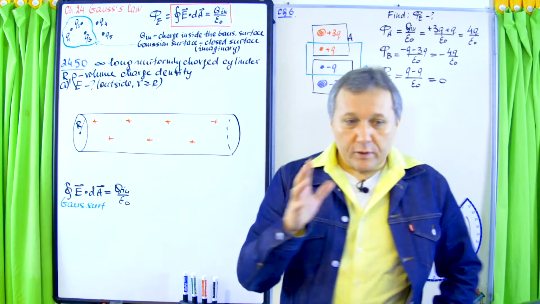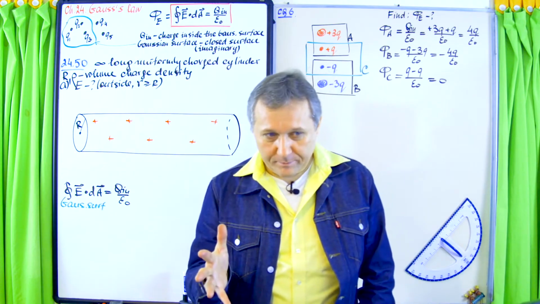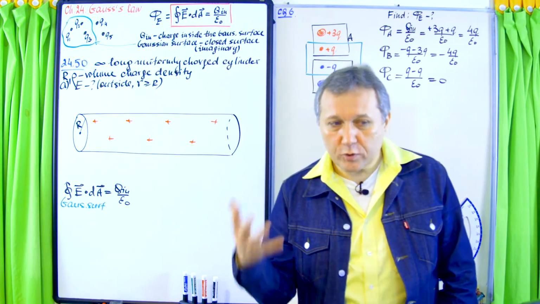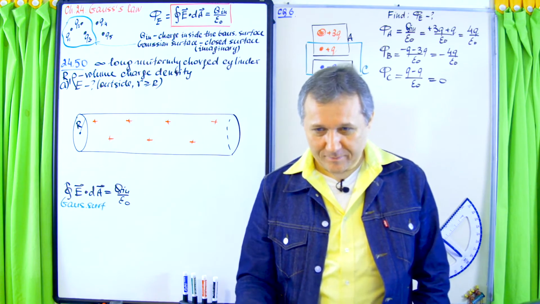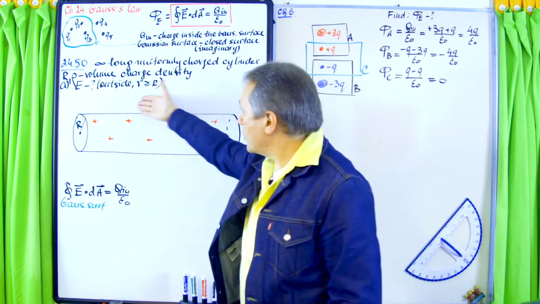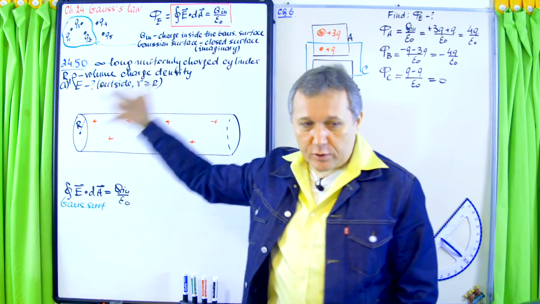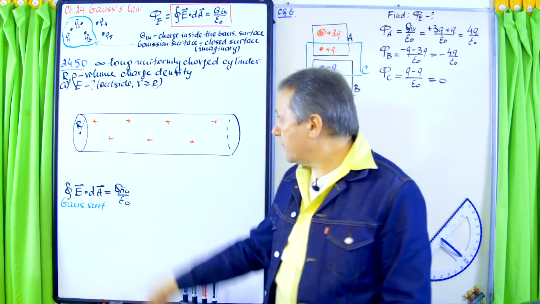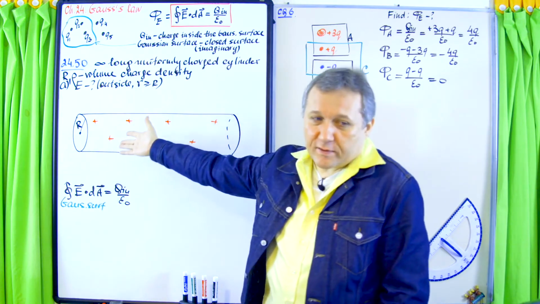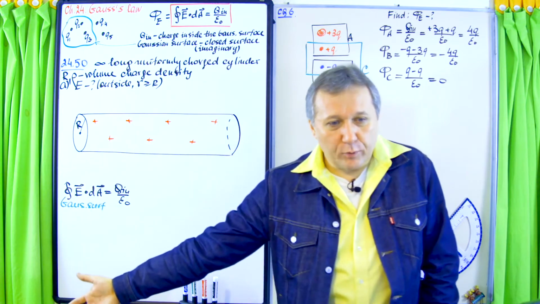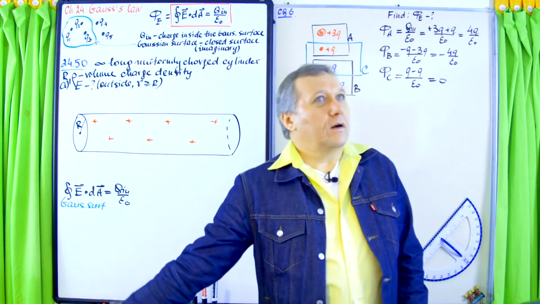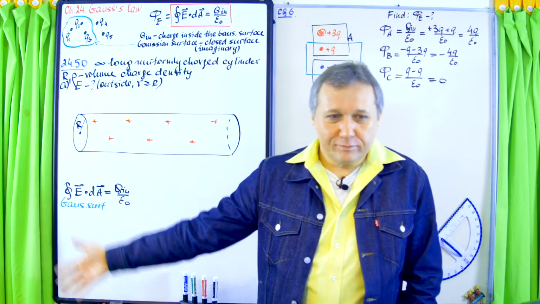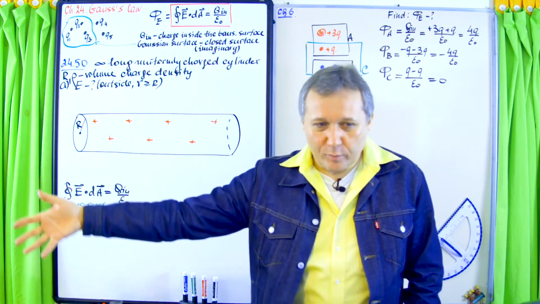First of all, the Gaussian surface must be in the region where you want to find the electric field. If we want to find the electric field outside, the Gaussian surface must be there. Because if you try to use a Gaussian surface inside, it's like exploring the life of Austria by going to Madagascar.